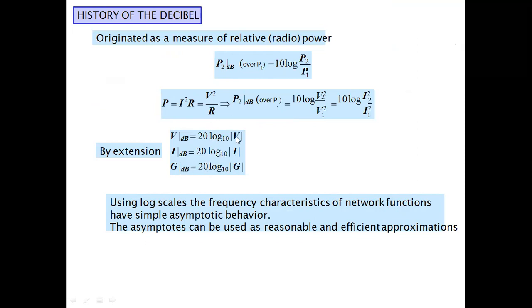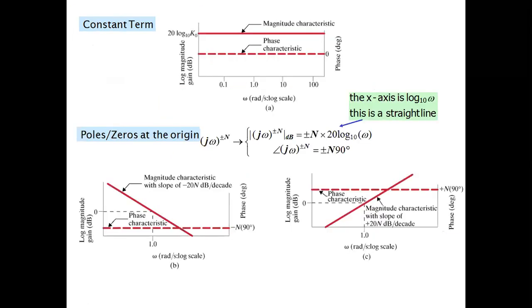How can we take it? 20 log 10 of that value, you will get the dB value. If we use the log scale, the frequency characteristics have simple asymptotic behavior, so this can be used for reasonable and efficient approximations.